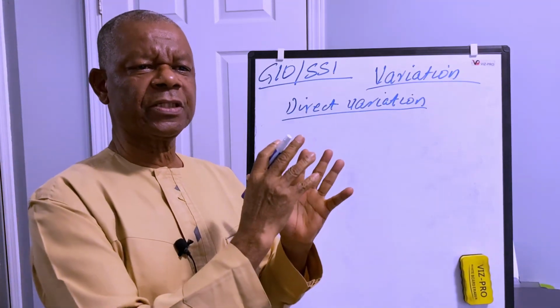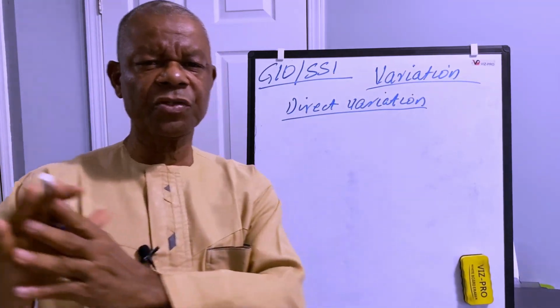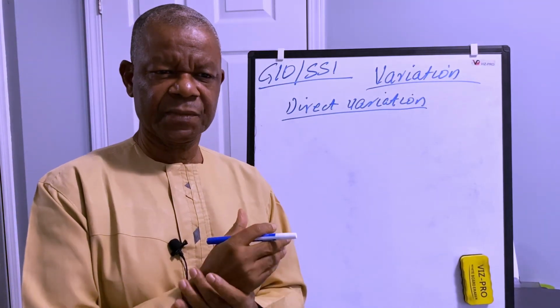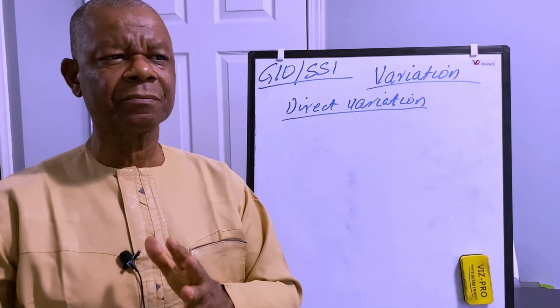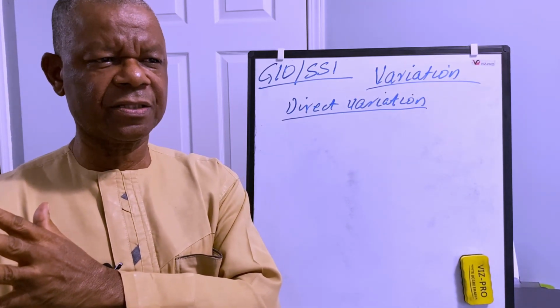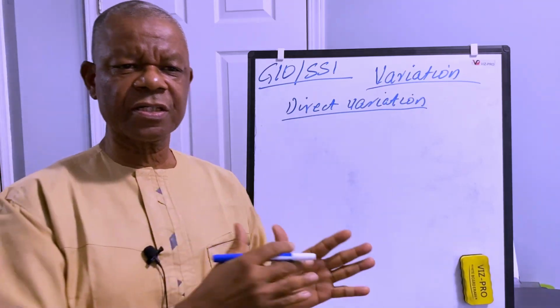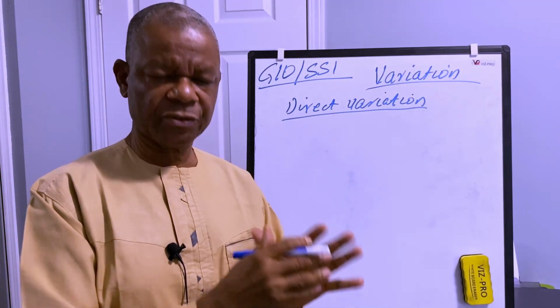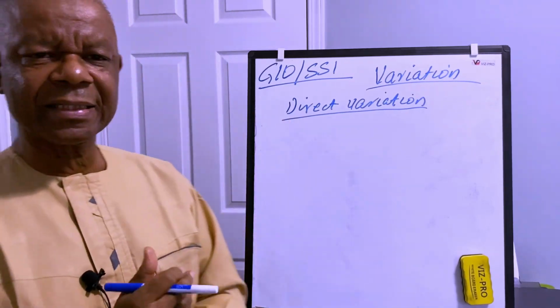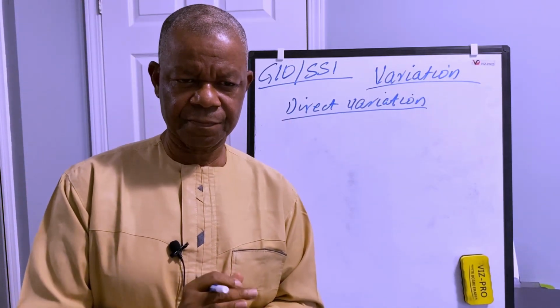When one variable is increasing, the other one will be increasing in equal proportion. When they are moving together, when one is increasing, the other one is increasing. Or when one is decreasing, the other one will be decreasing. We call it direct variation.